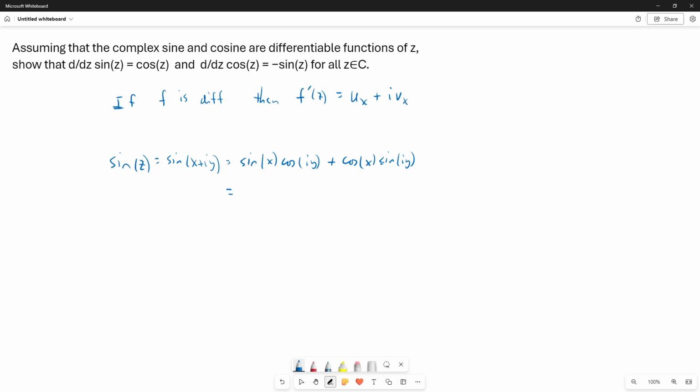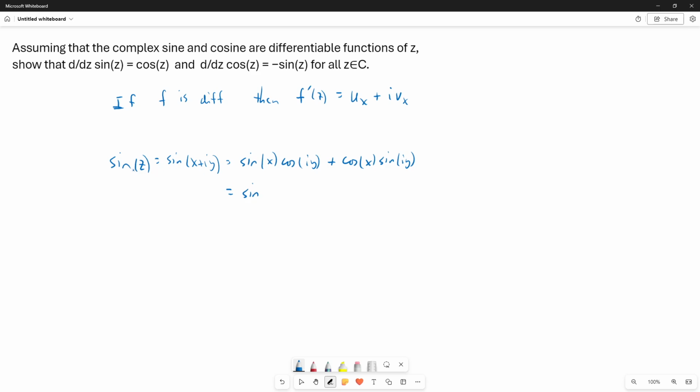And then we need the sine and cosine of a purely imaginary quantity. If we recall from the previous chapter, looking at the Maclaurin series, we can see that this is nothing more than the hyperbolic cosine of y, and this is i times the hyperbolic sine of y.